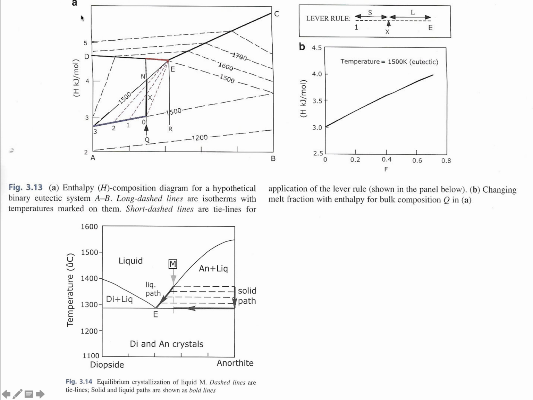We discussed last semester what the enthalpy is. Now we have this for this hypothetical eutectic system. We have here the eutecticum. And if we increase the temperature along these hypothetical dashed lines, then we are increasing the enthalpy.